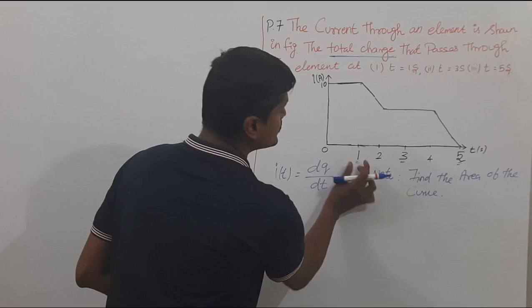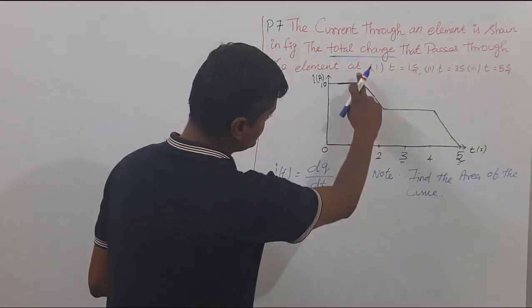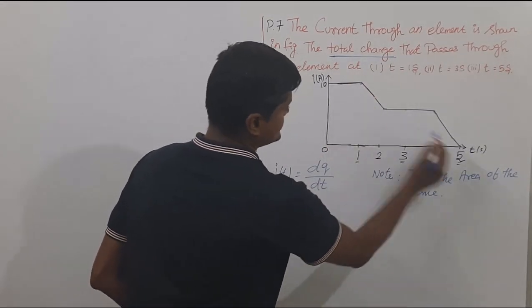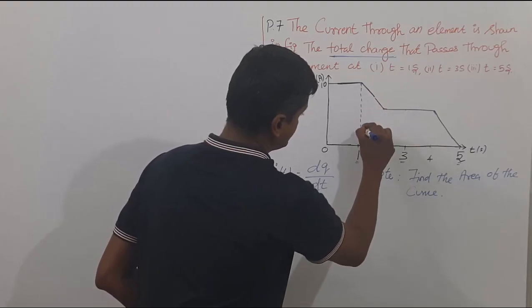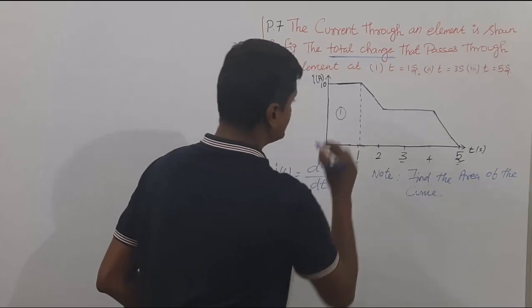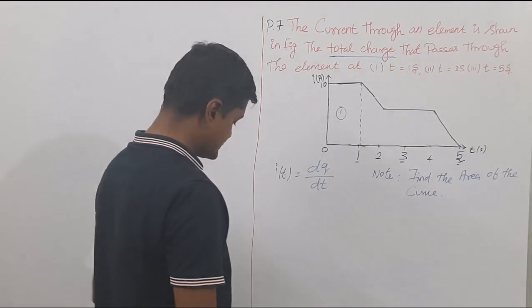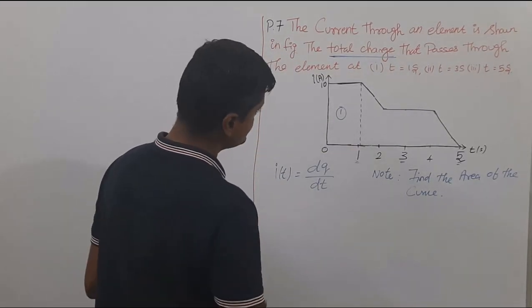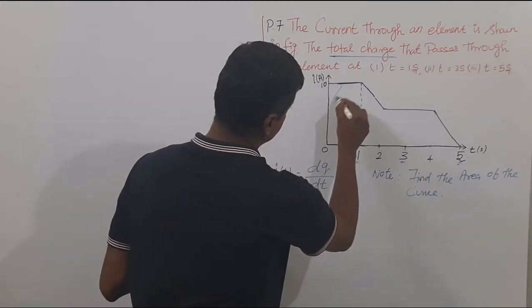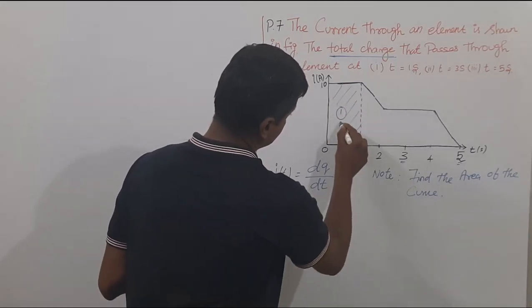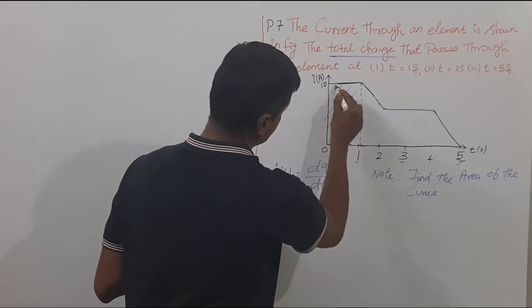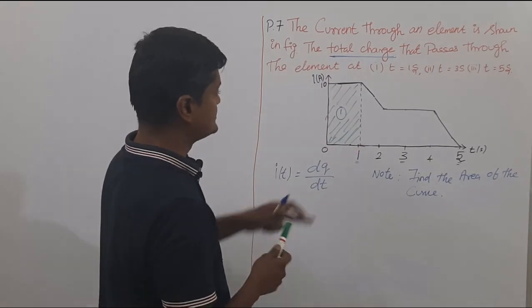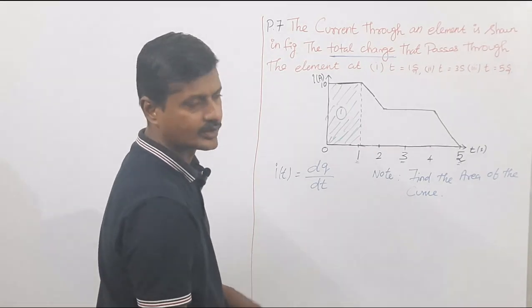So first at t equal to 1 second. At 1 second, this is the area of curve number 1.